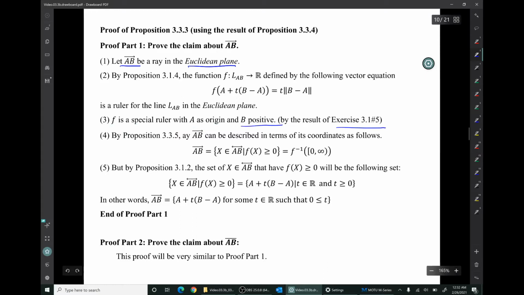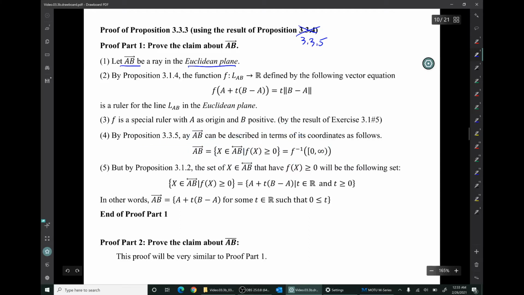So by the result of proposition 3.3.5, that later numbered proposition, we know that ray AB can be expressed in terms of its coordinates this way. Ray AB is the set of all the points on that line AB whose coordinate is greater than or equal to 0.